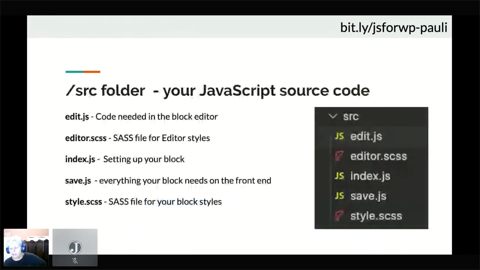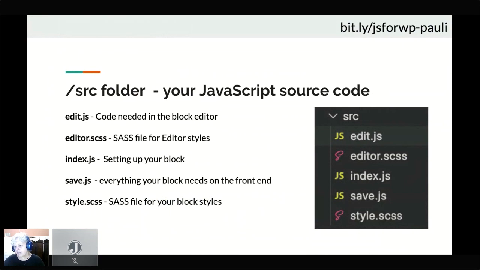Okay, next item: now we can go to the src folder, which means source. That's where your JavaScript source code and your style sheets actually live. And that's the scaffolding part. They are the minimum you need to have a block in the editor as well as in the front end. And you have five files there. One is called edit.js, that's the code needed for the block editor, and editor.scss, the Sass file for the editor styles.